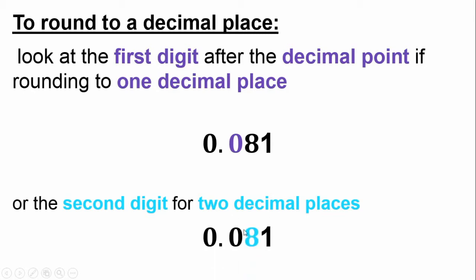If we are rounding to two decimal places, we look at the number 8. If rounding to one decimal place, look at the number 0, the first number after the decimal point. For two decimal places, look at the second number after the decimal point.